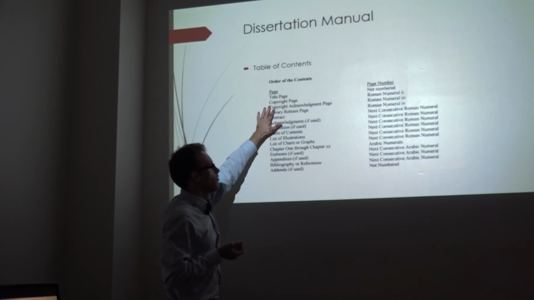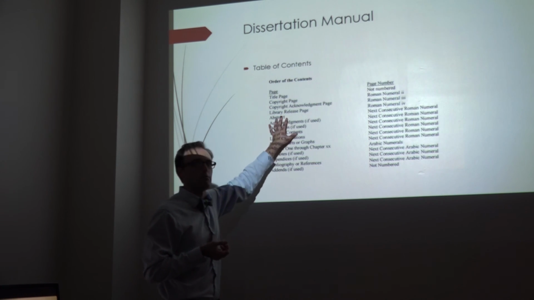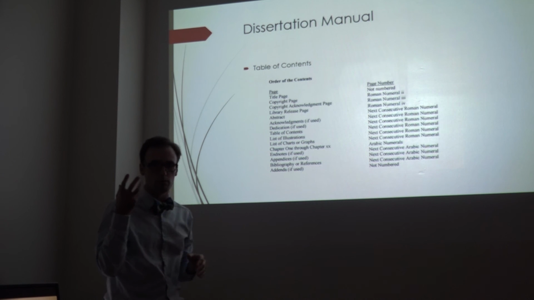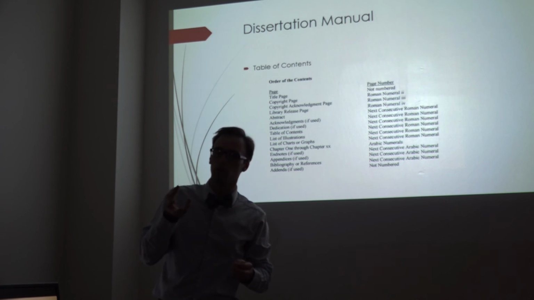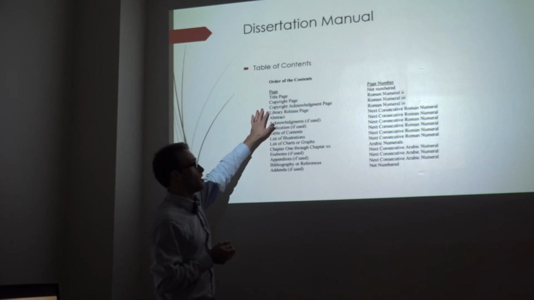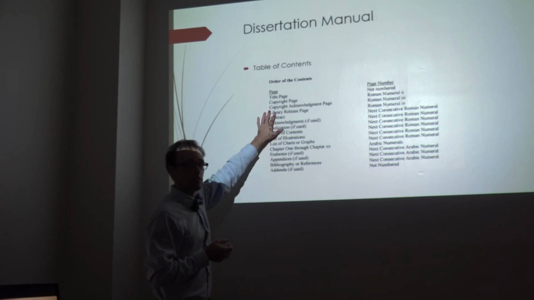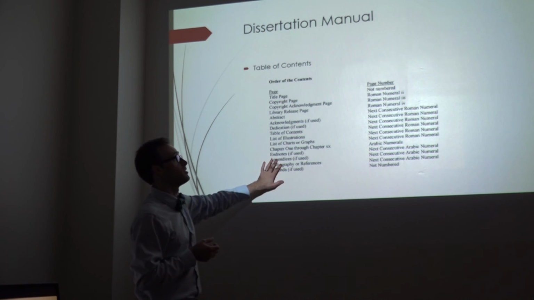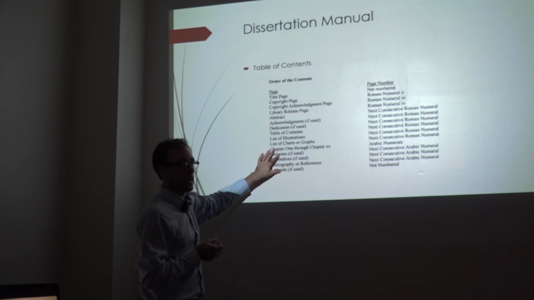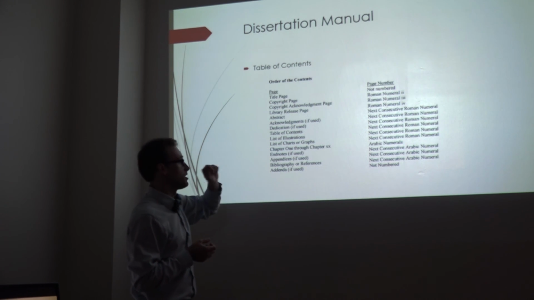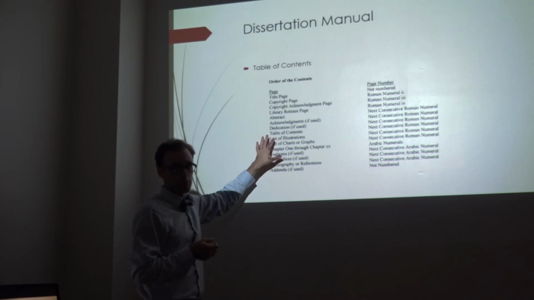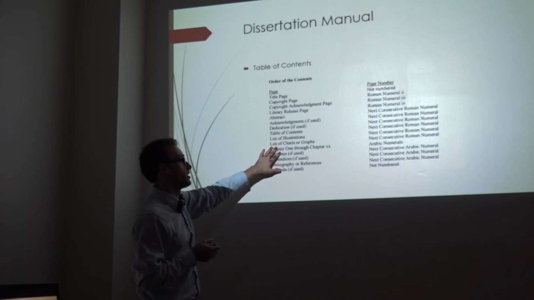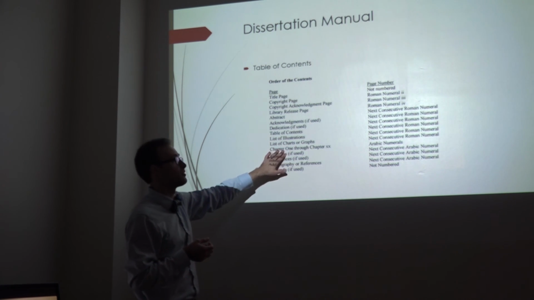But go through the dissertation manual and make sure that when you submit your dissertation to ProQuest, the information that we need is there. So follow the table of contents exactly, with the exception of things that you're not including, such as charts or graphs if you don't have any.